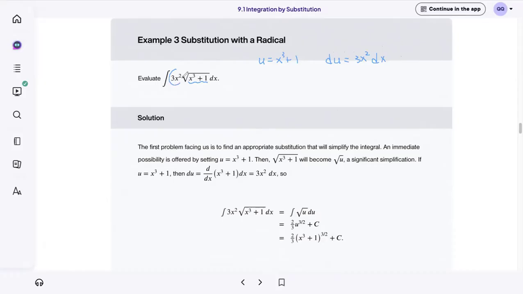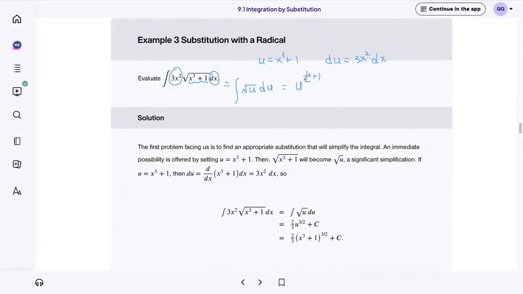So we see 3x squared here, dx here, so we have du. Then this one is the square root of u, du, or u raised to the half.